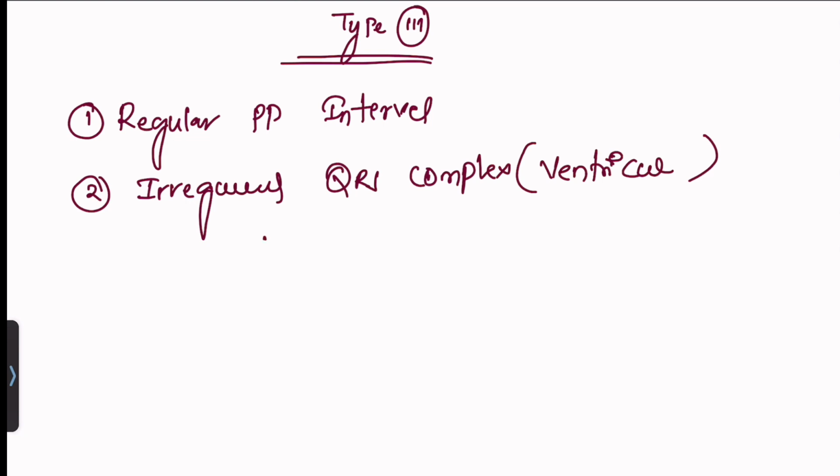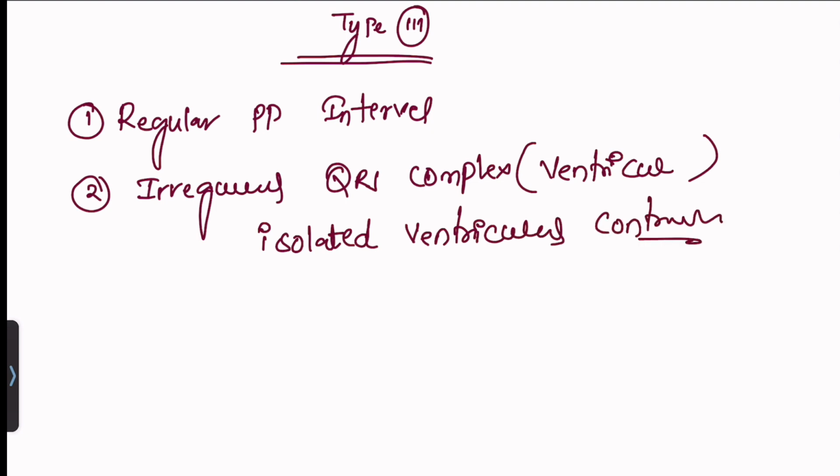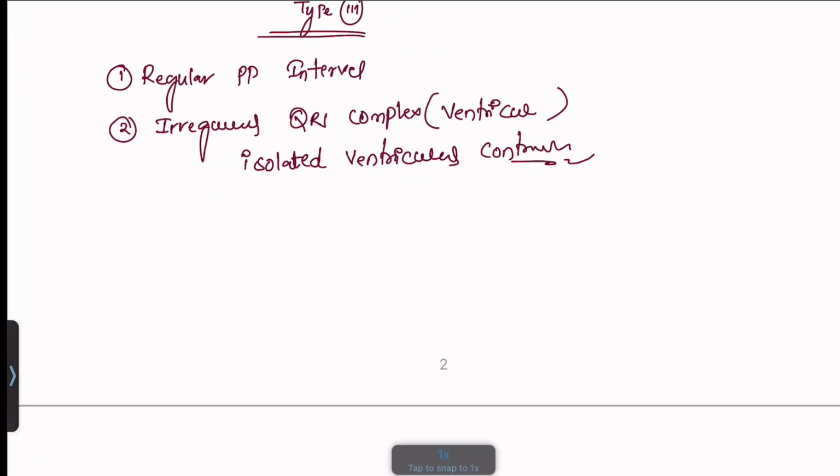This is also called isolated ventricular contraction. The ventricular contractions are isolated from the SA node or atrial contractions, right?